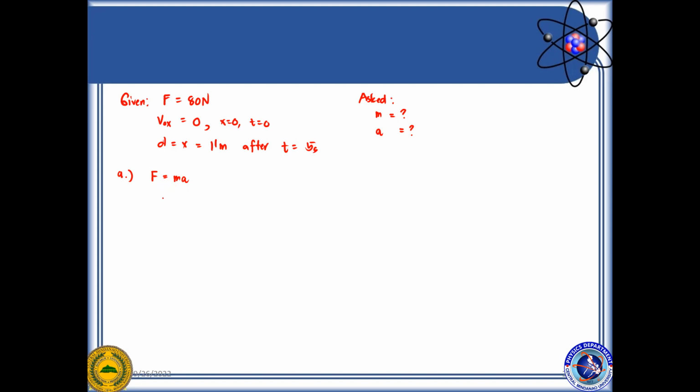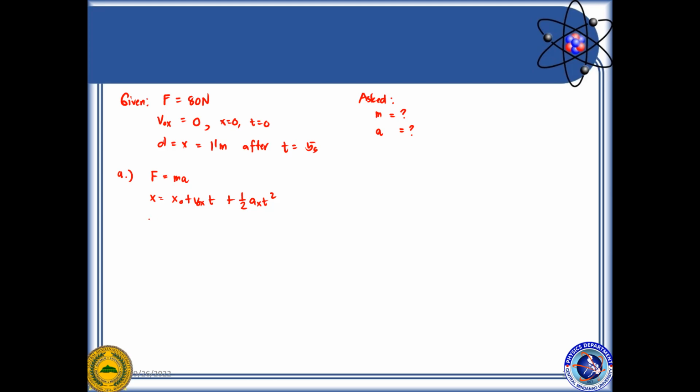And then we can also use the equations that we have learned in kinematics. So we have x equals x naught plus v naught x t plus 1/2 a sub x t squared. We will use this equation to find the acceleration.